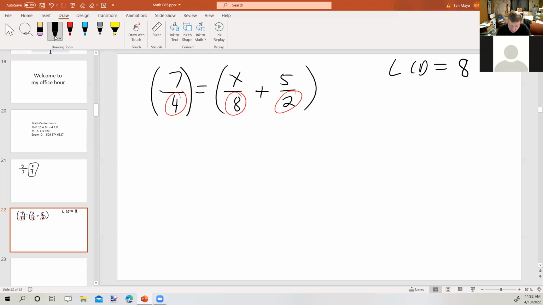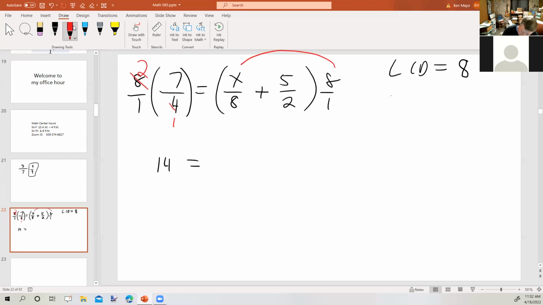Yes. So what we're going to do is multiply both sides of the equation by 8, or 8/1. So on the left side, the 8/4 reduces to 2/1 and we get 14. On the right side, we've got x over 8 times 8/1.